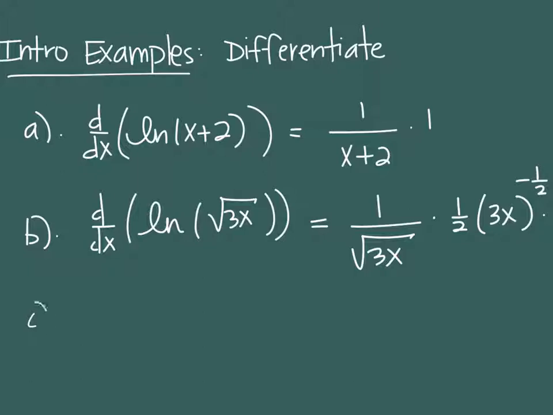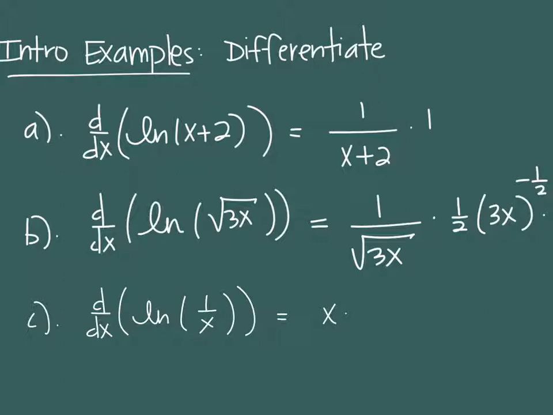Okay, C. If we have the natural log of 1 over x, and we need to take the derivative of that. That's going to be the reciprocal of that, which is just x, times the chain rule derivative of 1 over x, which I need to think of as x to the negative first.